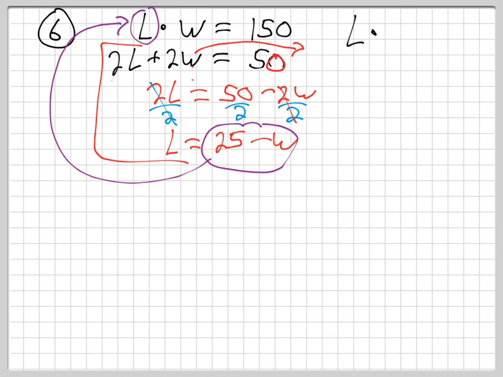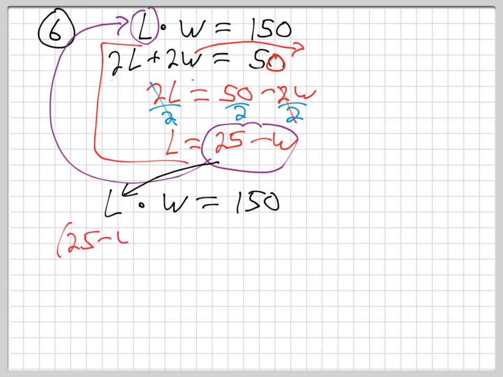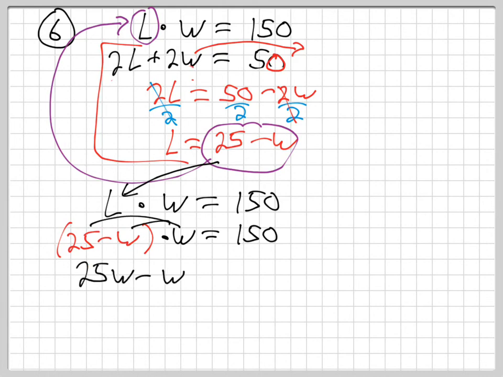We get L times W is 150, and then just plug in there for L. So 25 minus W times W is 150. Okay, and now just distribute. 25W minus W squared is 150.